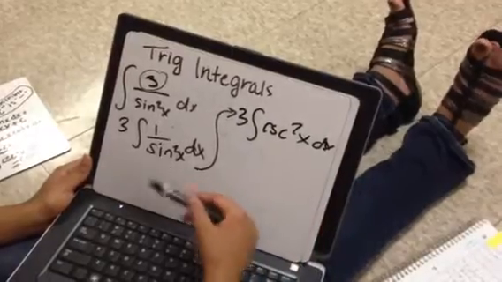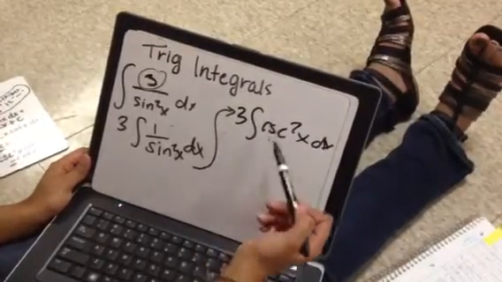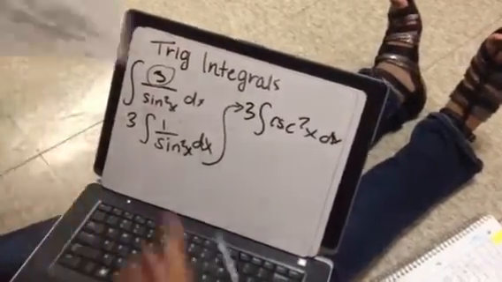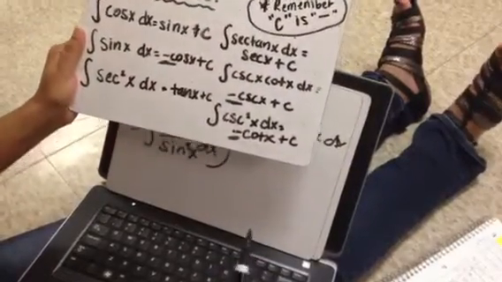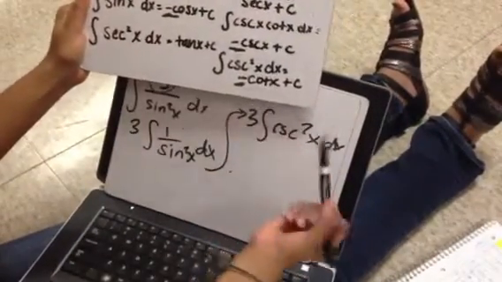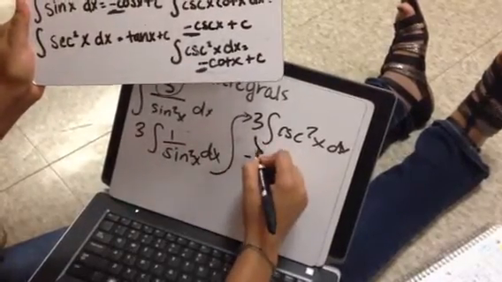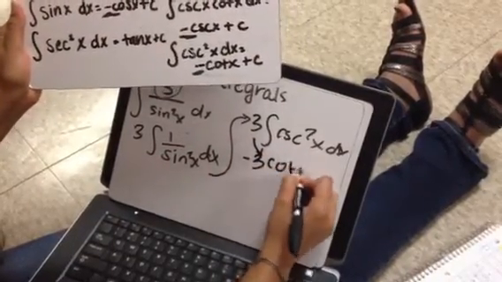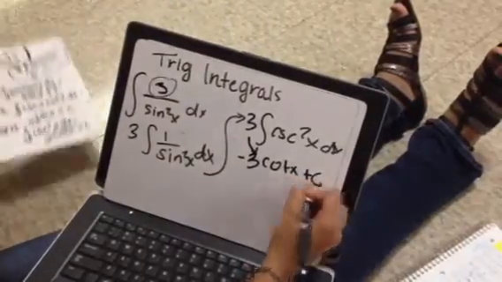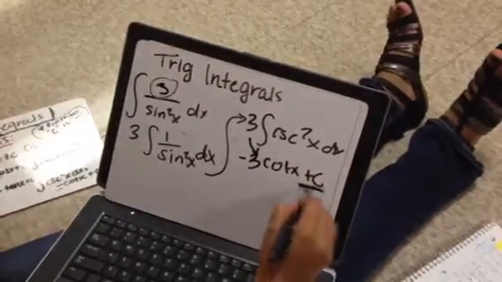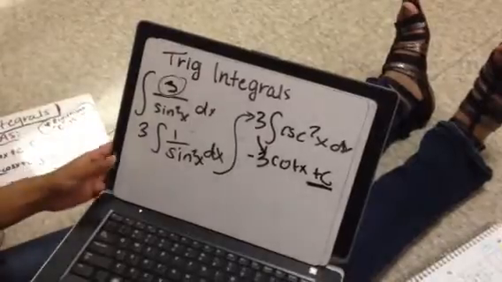As we know from our little chart, the integral of cosecant squared x dx is negative cotangent x. So it'll be negative 3 cotangent x plus c. You always have to make sure you have that plus c if you're not solving for anything.